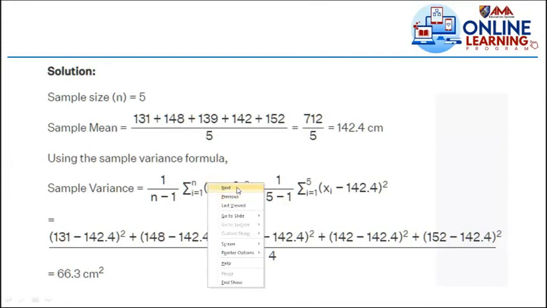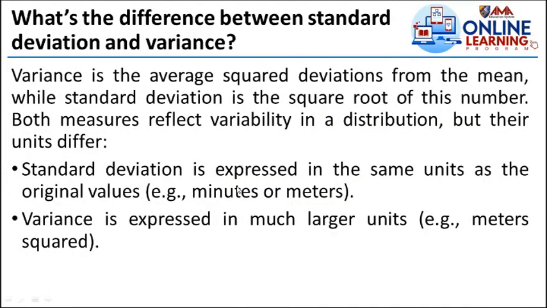So yun po ang pagkakaiba ng standard deviation at saka variance po. Okay? Standard deviation is expressed in the same units as the original values, in terms of minutes or meters, whereas variance is expressed in much larger units, in terms of meter square or square centimeter.